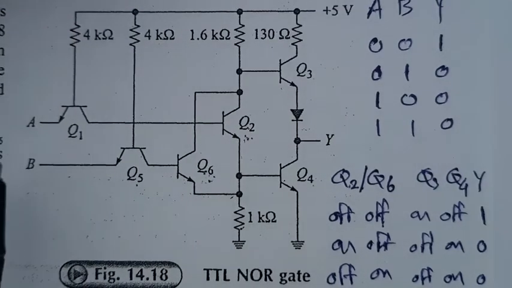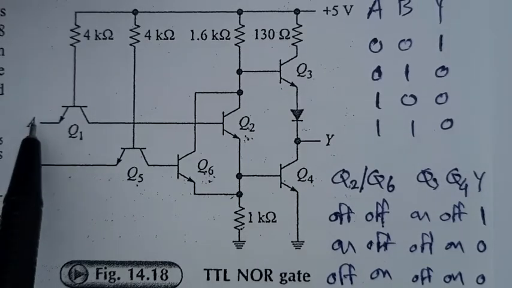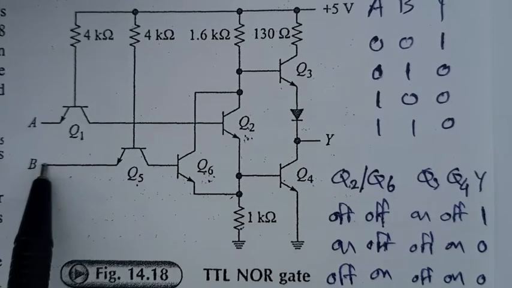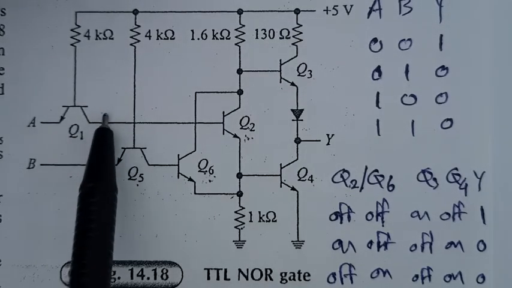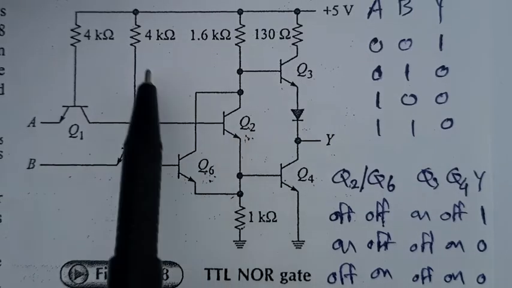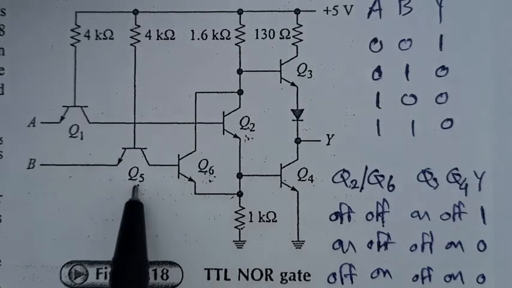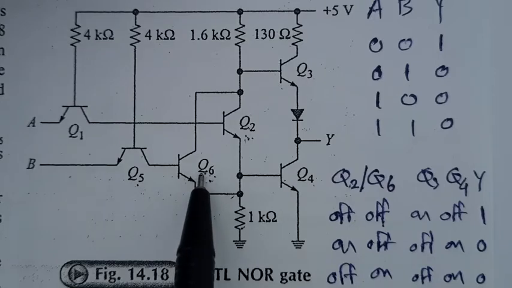Now you will observe, suppose A and B are both 1, both high, then the base current of Q1 flows towards the base of Q2, and the base current of Q5 flows towards the base of Q6 to make Q2 and Q6 on.